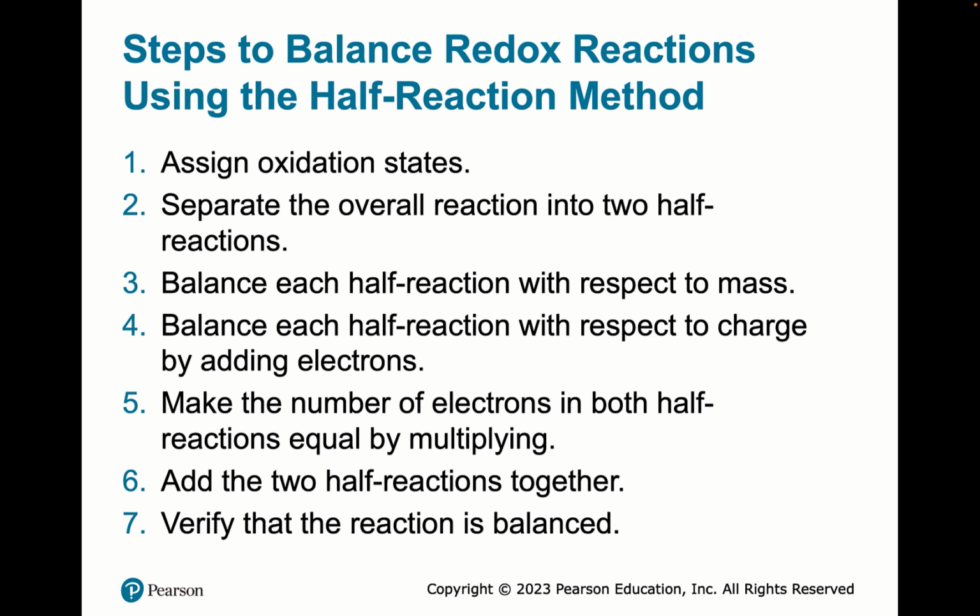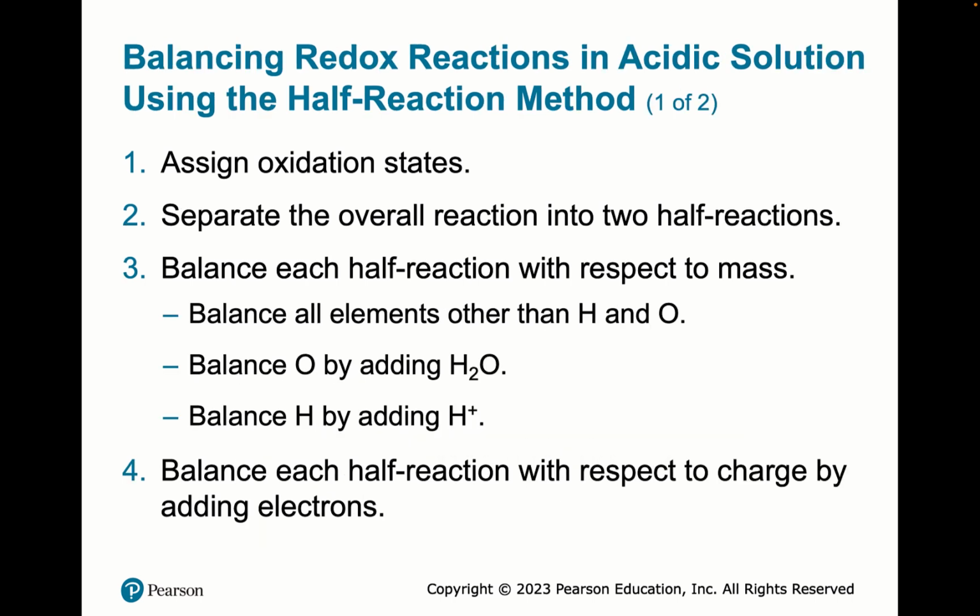Then make the number of electrons in both half reactions equal by multiplying by the least common denominator between them. It's like the prime number factorization, if you remember that stuff from grade school. Then add these reactions together and verify it's balanced.